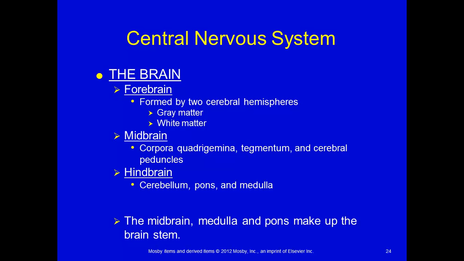We know that the brain itself, so I'm taking a step back here away from the forebrain and talking about the brain itself, is approximately 3 pounds. It receives, now listen to this, 15 to 20% of the total cardiac output. So of the blood that our heart pumps out to reach all the different organs and areas of our body, the brain takes 15 to 20%.